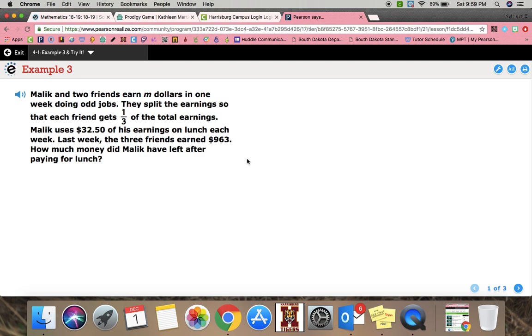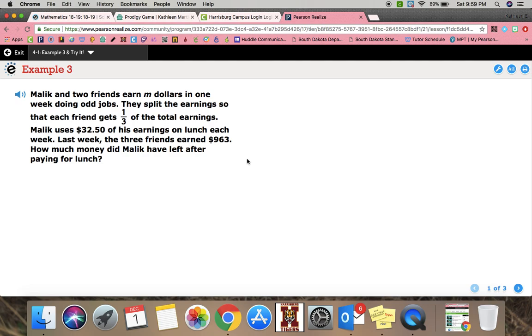They split the earnings so that each friend gets 1/3 of the total earnings. So whatever they get, they're going to divide by 3, and that's how much each person gets. So Malik uses $32.50 of his earnings on lunch each week. Last week, the 3 friends earned $963.